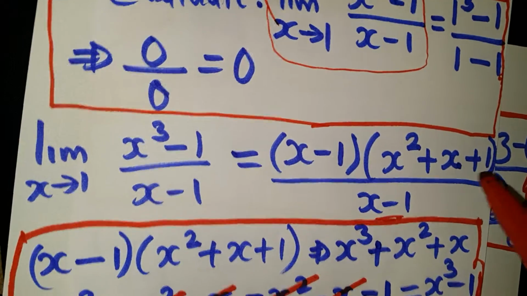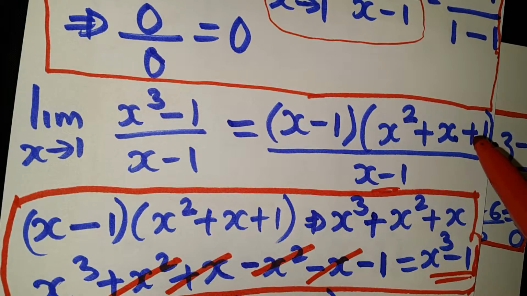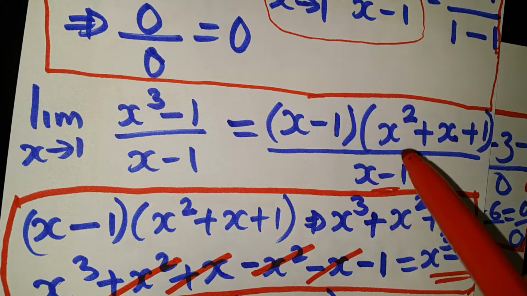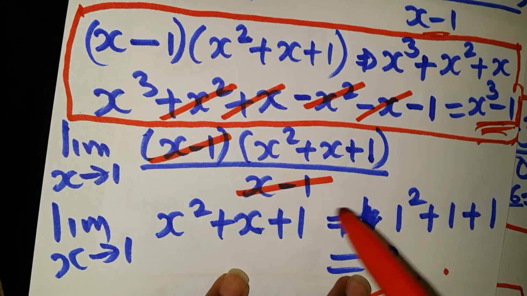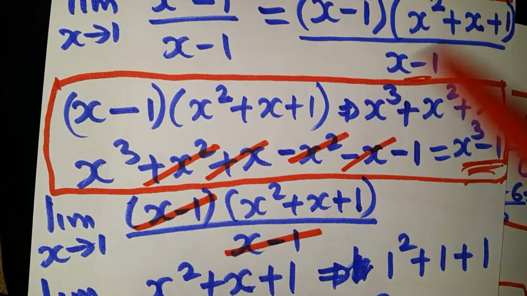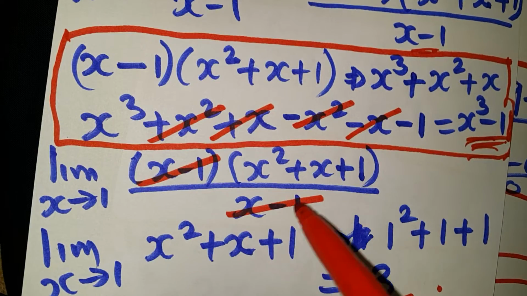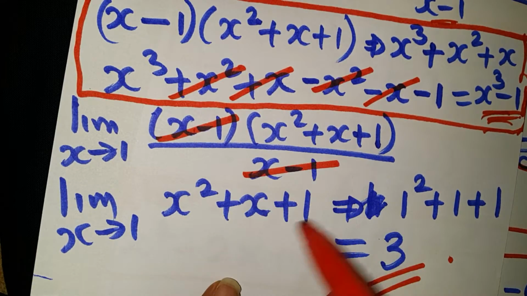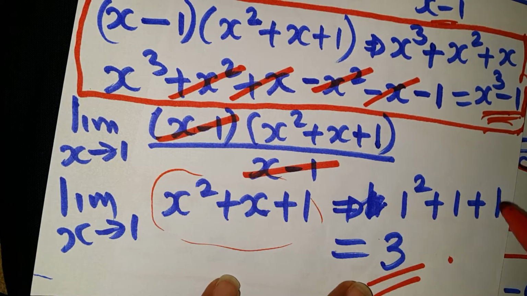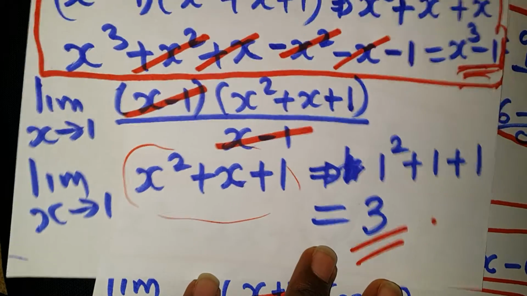After expanding it, I checked again if this expansion is correct with this function, and I found out that it is correct. Then I proceed and continue using what I just expanded. I put it here. Then x minus 1 and x minus 1 cancelled. Then I have this left. So I plug in my 1 and I found out that my answer was 3.